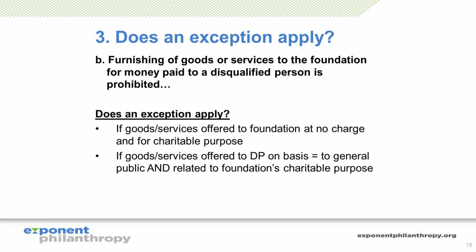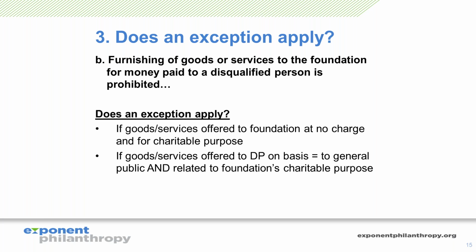Second is furnishing of goods and services between the foundation and disqualified persons. So that's prohibited. And the way this comes up is two things. One is the disqualified persons can provide goods and services to the foundation at no charge.